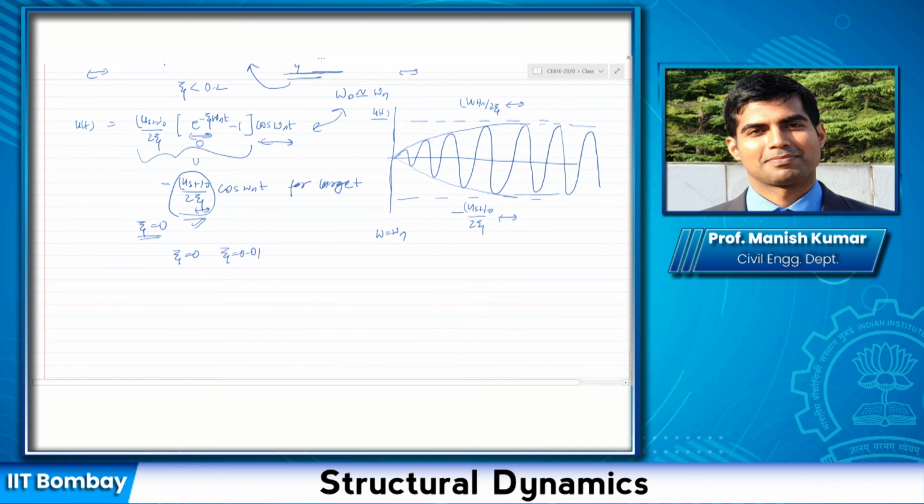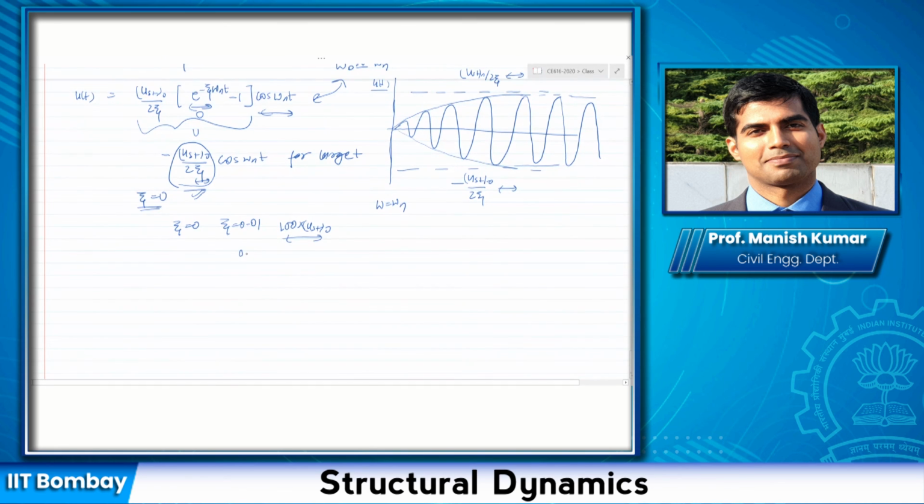Okay, it would become 100 times u_st naught. So even that is very detrimental. Typically a structure would have some inherent damping, let us say 2 to 5%. If that leads to the failure of the system, what you should do is add some additional damping in the system.